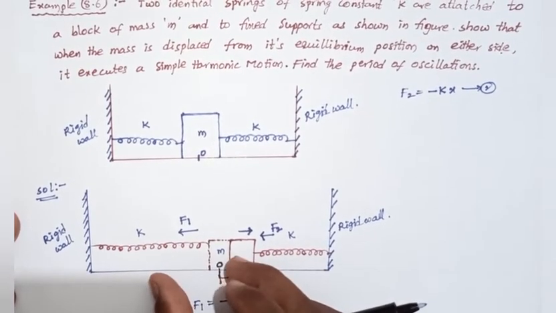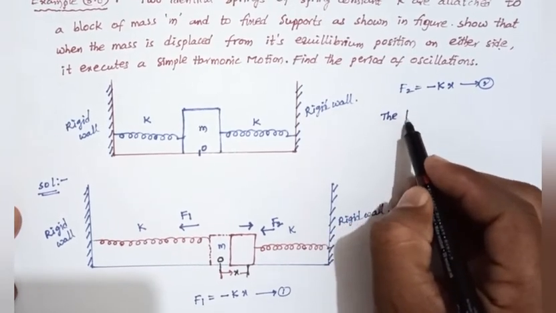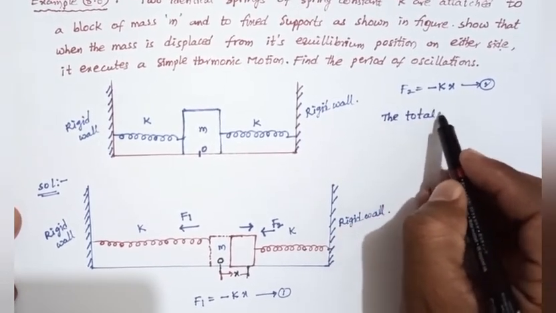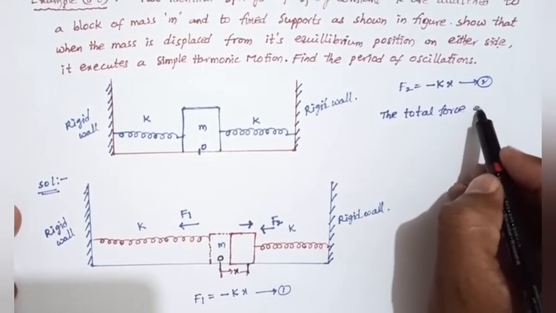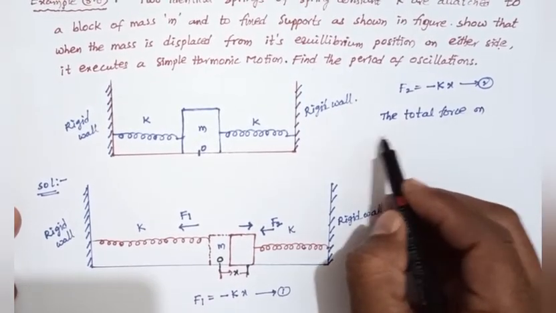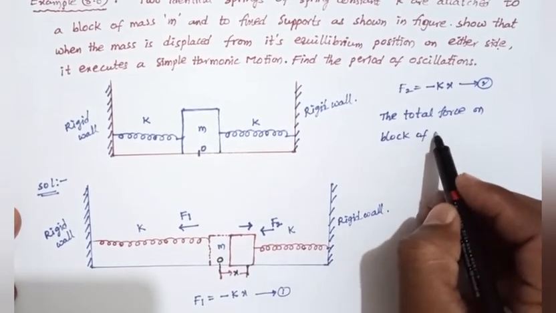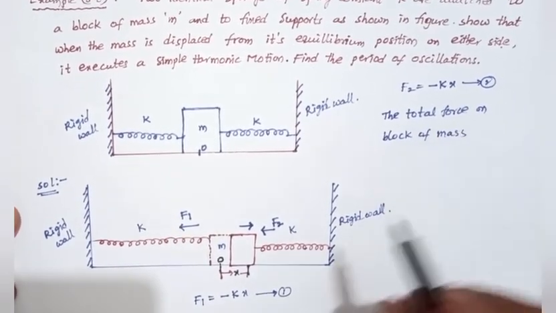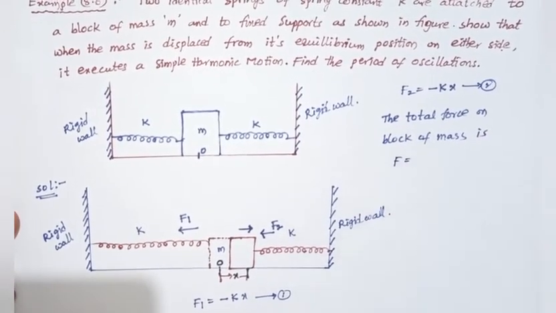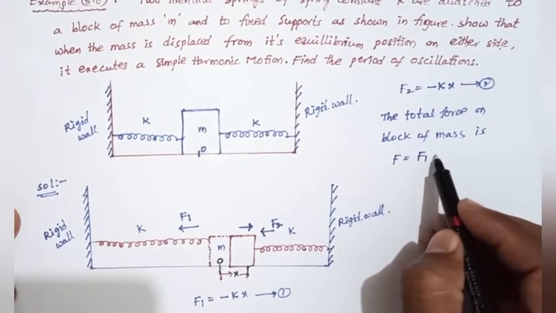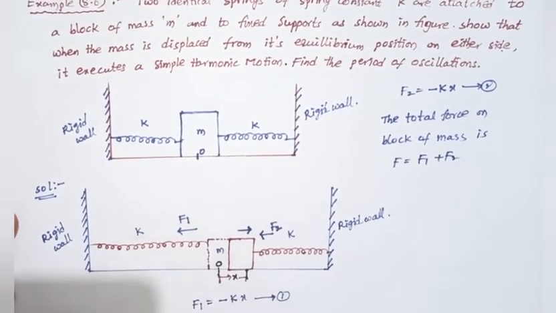The force on the second spring is a push, and the force on the first spring is a pull to the mean position. So the total force on the block of mass m is F equals F1 plus F2, since both are in the same direction.